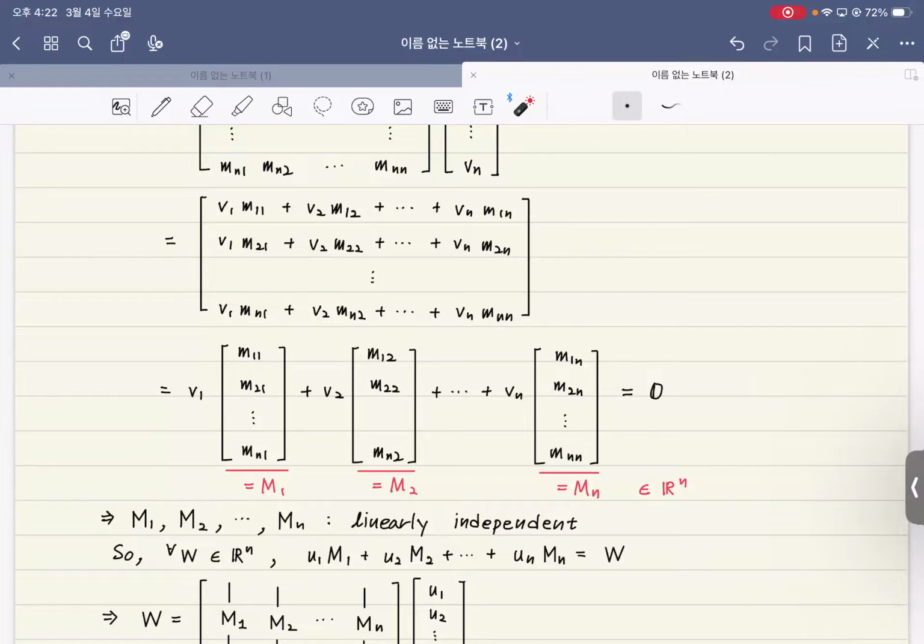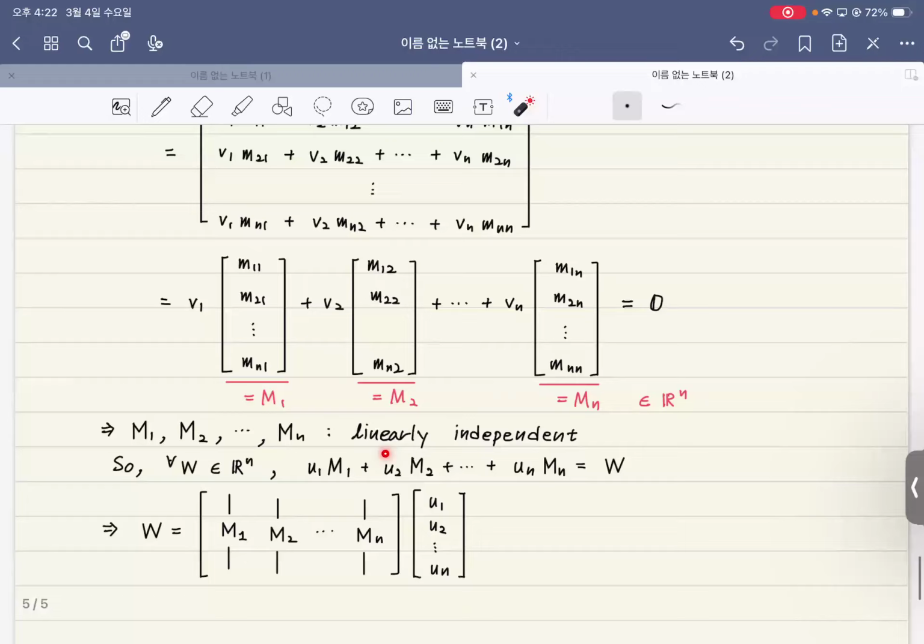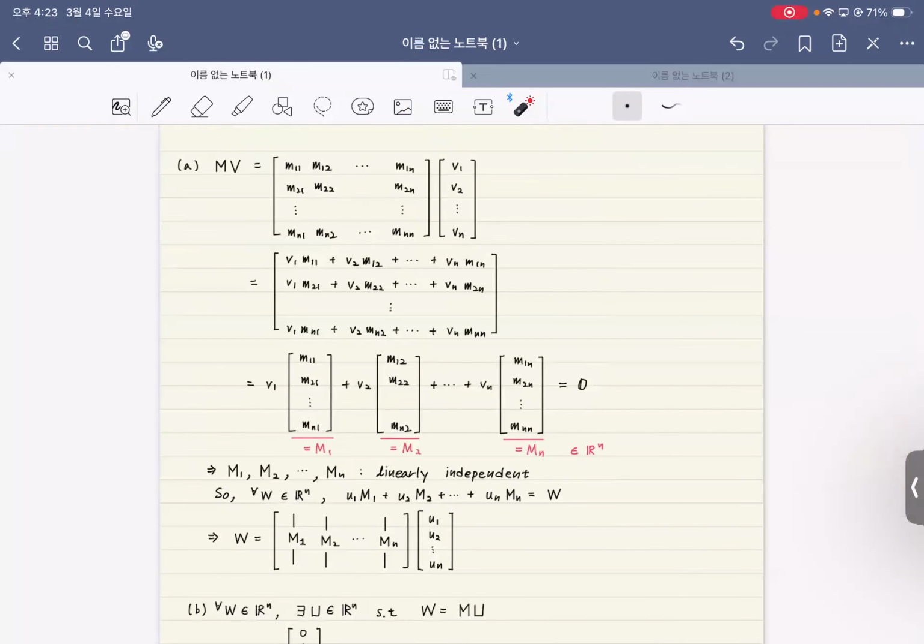So we already know that, but this last expression can also be written as W equals the columns M1, M2, up to Mn times this column vector, right? If you expand this, it can be written as U1 times M1, U2 times M2, up to Un times Mn. Written in terms of the matrix, this is precisely W equals M times some other column vector U. Okay. All right.